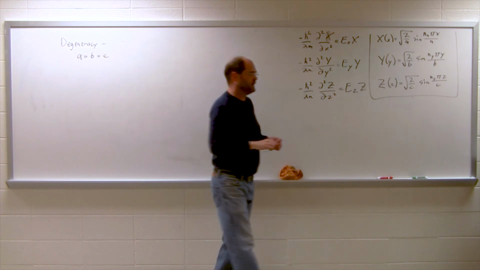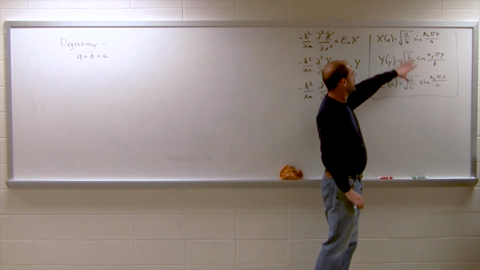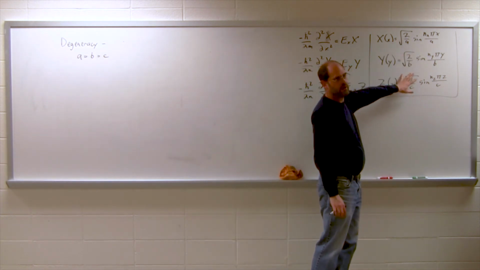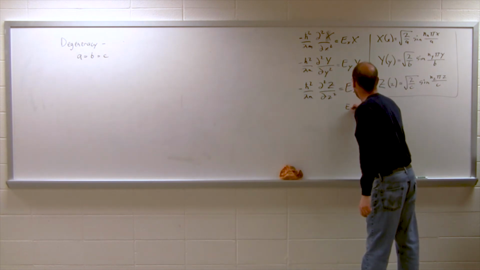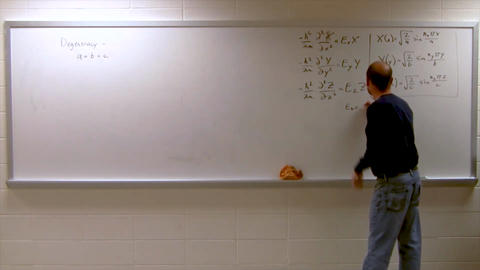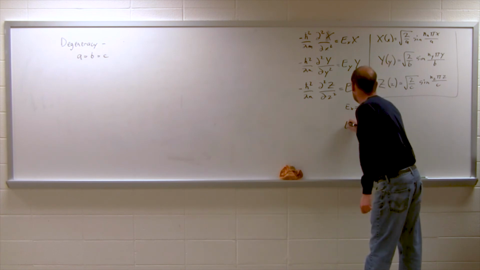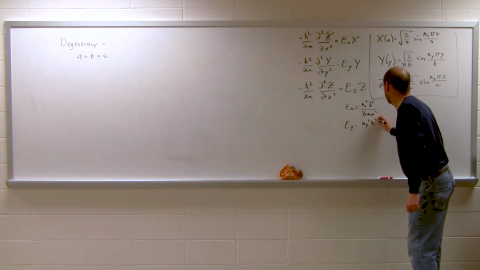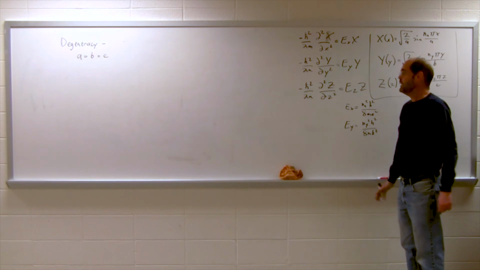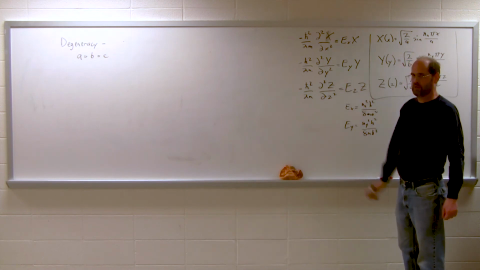Then all the energies are the same. By the way, the energies are also the same for each of these as well, so I should have written this in. The E_x is equal to n_x squared h squared over 8 m a squared. The energy for y is equal to n_y squared h squared over 8 m b squared, and so on. But for now, let's set a equal to b equal to c.